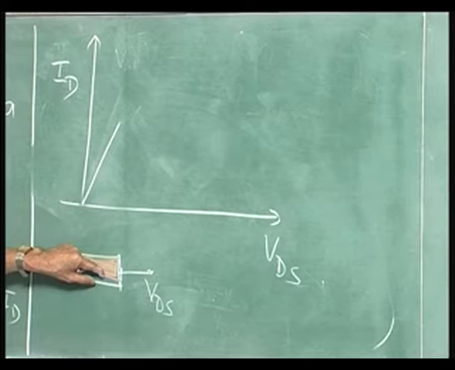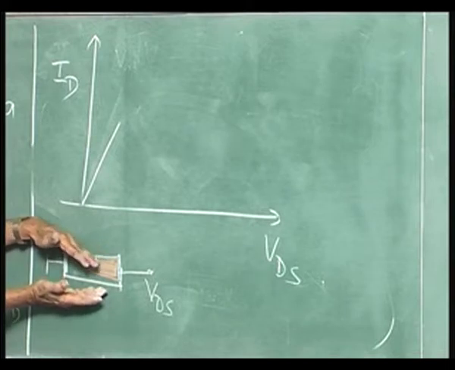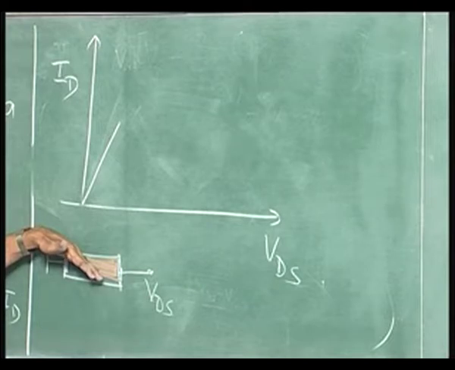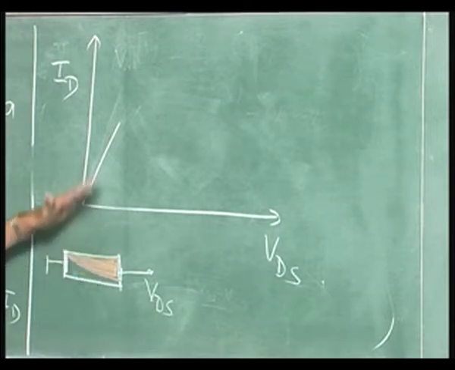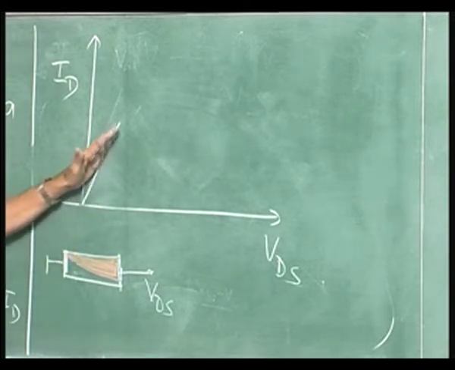What happens to the resistance? If I take a resistor which is constant and keep on reducing this cross section in that fashion, the resistance actually increases. So, if the resistance does not increase, ID would increase linearly with voltage. If the resistance increases, ID will not increase as much.